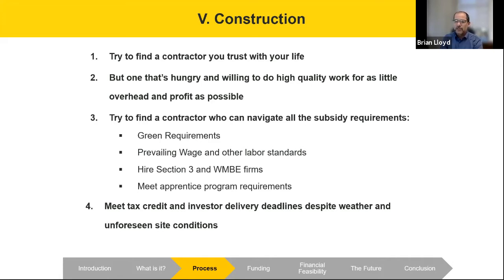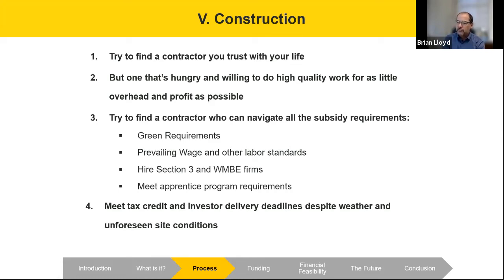That's sort of funny because I don't know that those hungry contractors exist anymore. They get to sort of run the show right now because of the labor shortage, contractor shortage, and the process that we put them through in the affordable housing world is so complicated that very few are willing to venture into it. But we have some really good contractors around the state who understand the process and deliver great product.